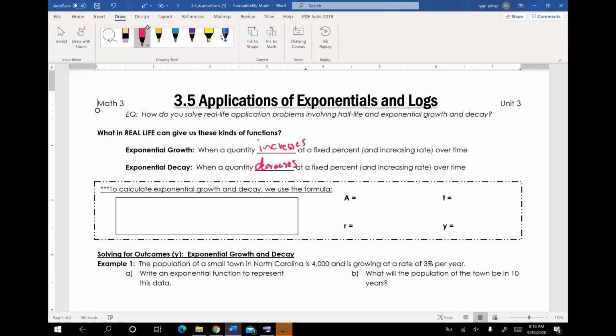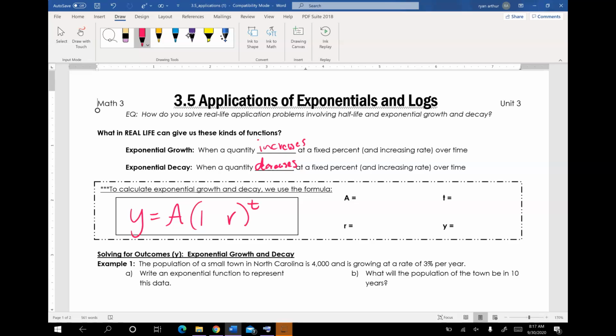Okay, all right, so the formula. You have the same formula, but there's only one thing that changes when you go from exponential growth to exponential decay. Our formula is y equals a times 1 plus r to the t.